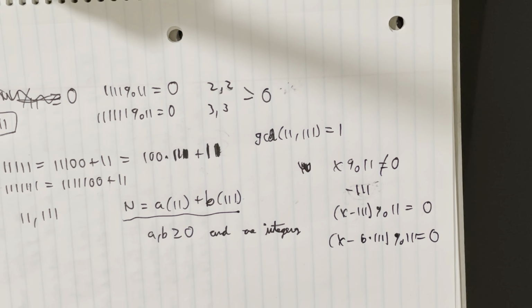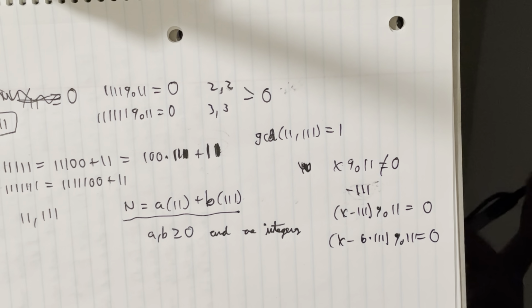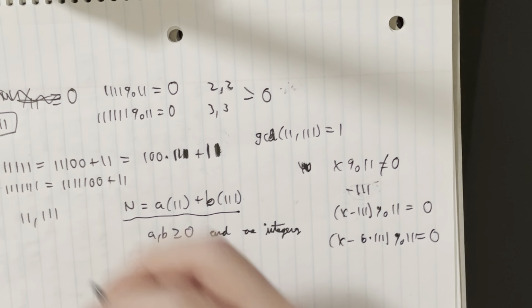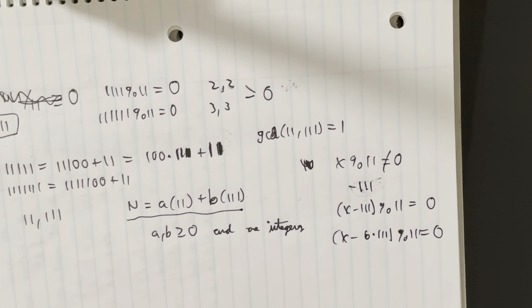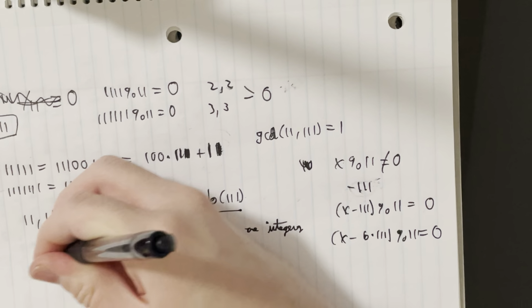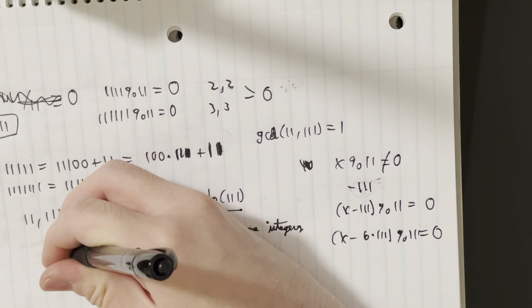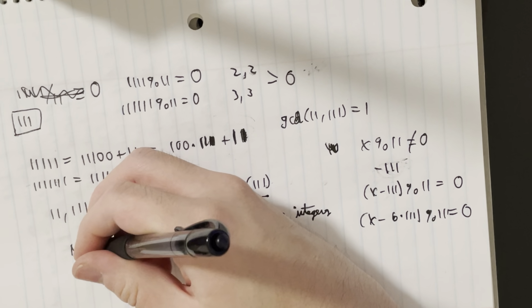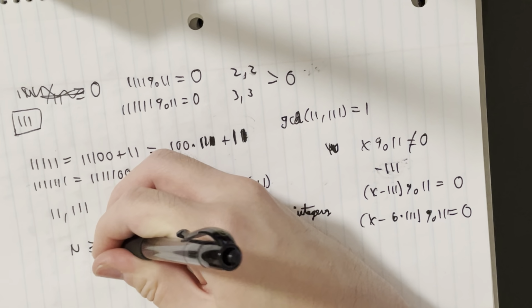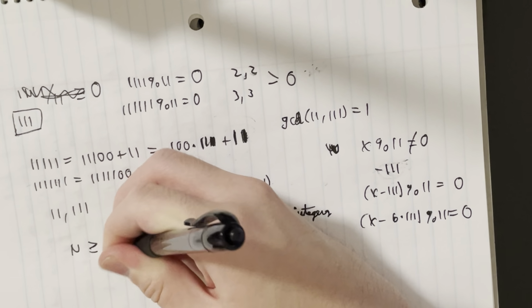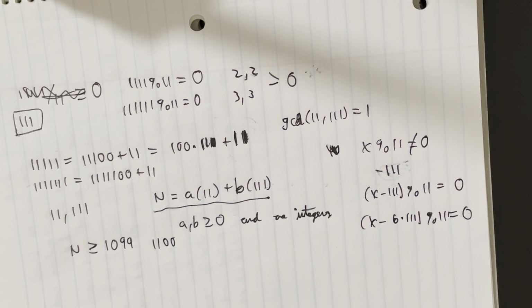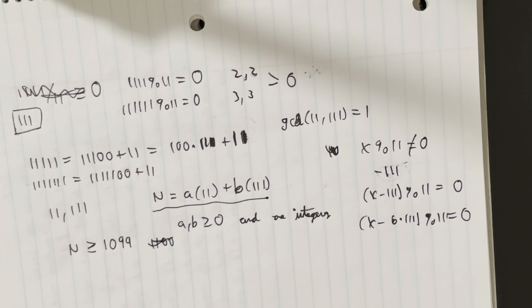This is assuming that x is sufficiently large. So we only really need to check the no case if x is somewhat small. The specific value doesn't really matter, but I believe we can guarantee that the answer is always yes if n is greater than or equal to 1099, I think. It might be 1100, but either way, that's pretty much how it works.